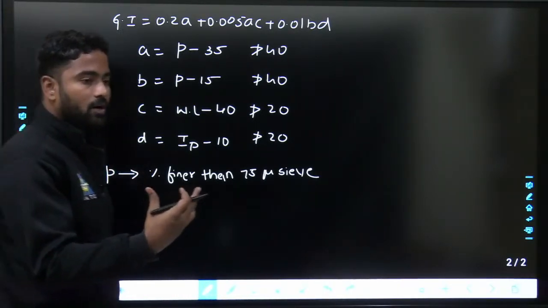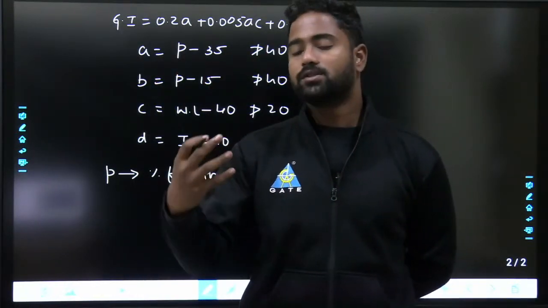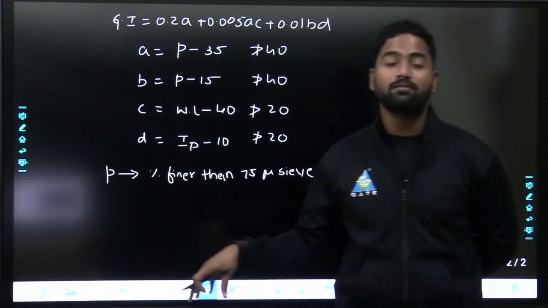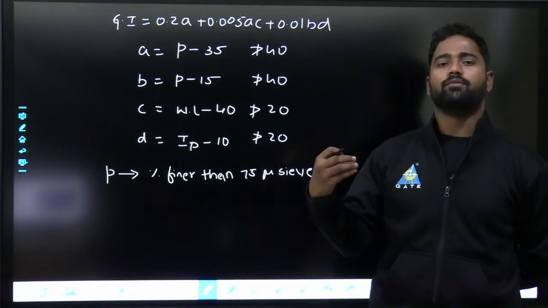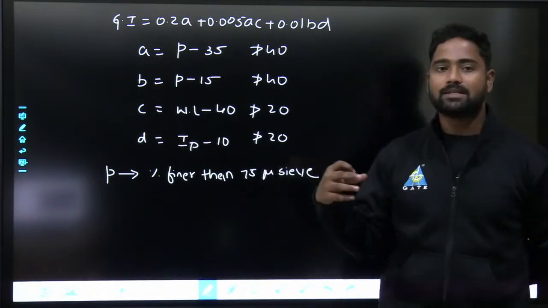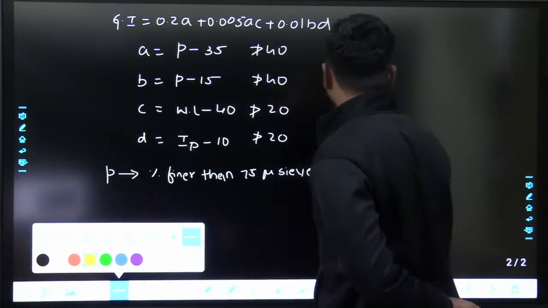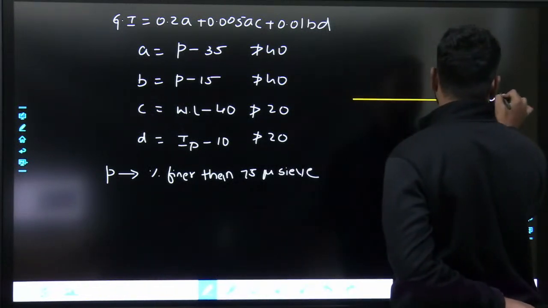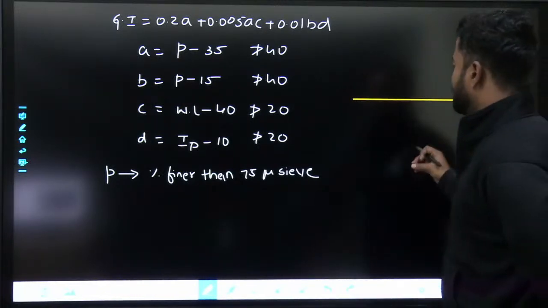If you see in soil classification, we will be using the 75 micron sieve. If more than 50% is finer than the 75 micron sieve, then we consider it as clay or silt.